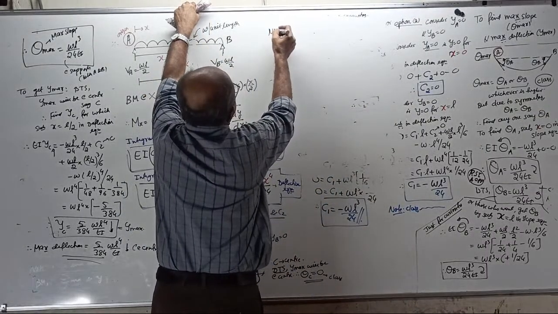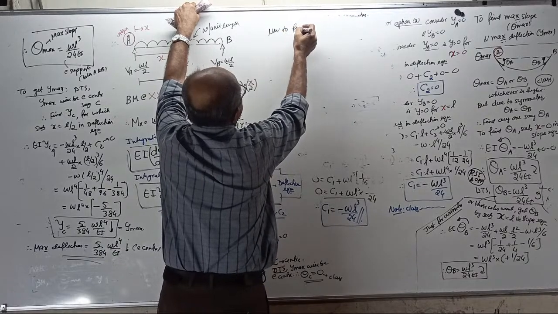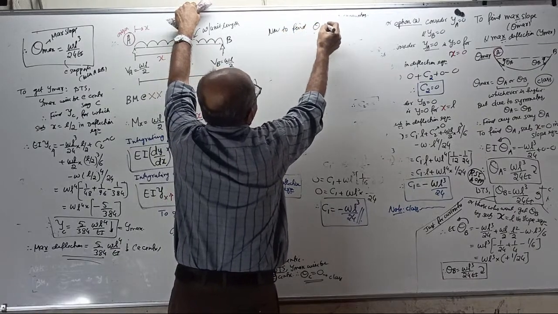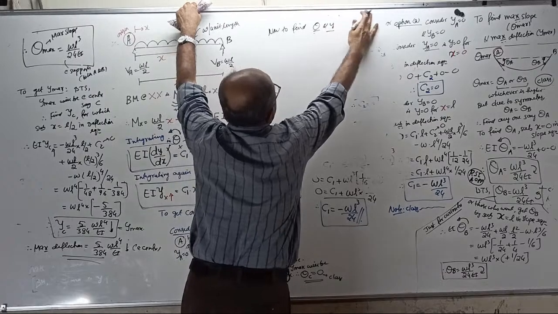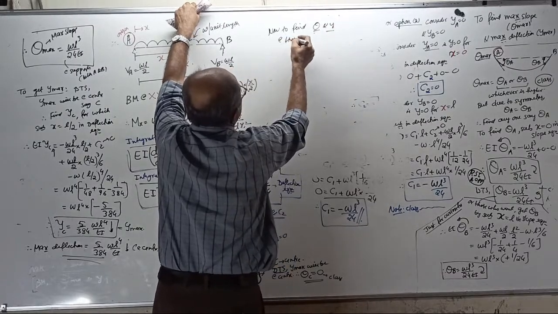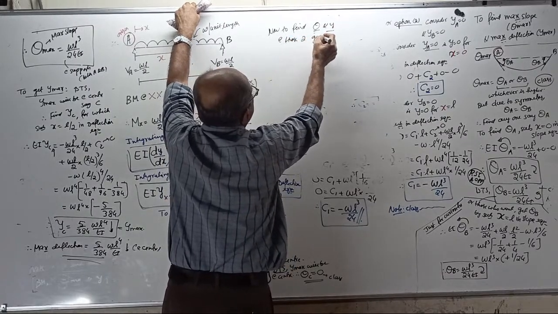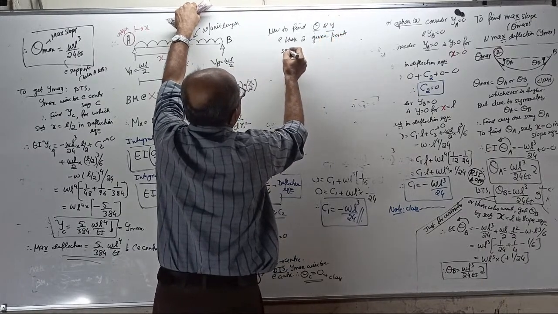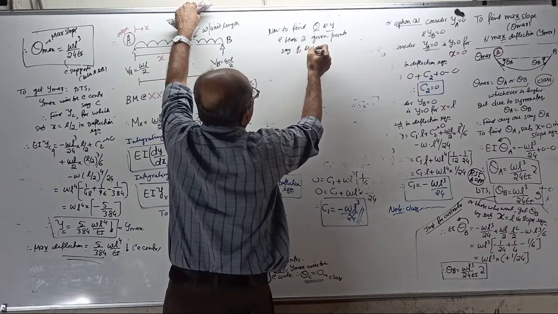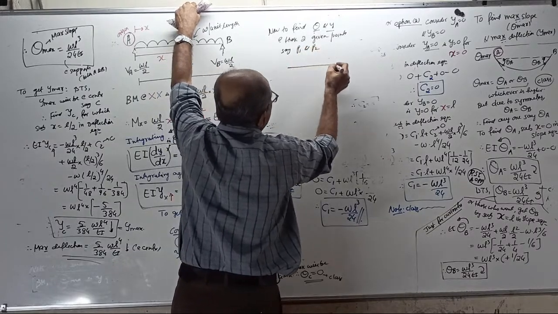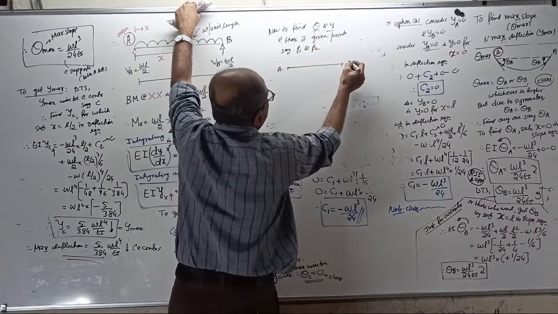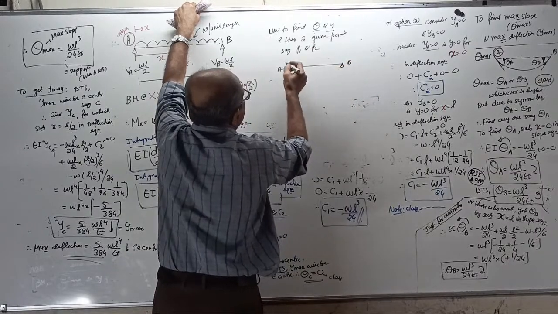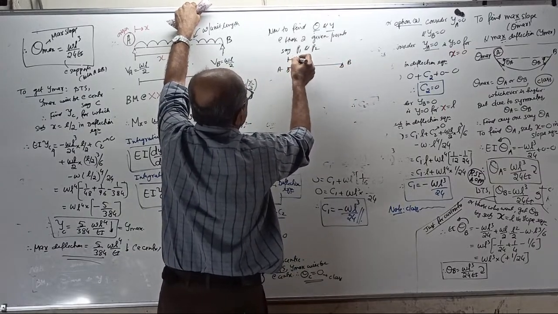Now, to find slope and deflection, to save the time, theta and y at those two given points, say P1 and P2. See the question there. This is A, this is B. X is always from here, remember.